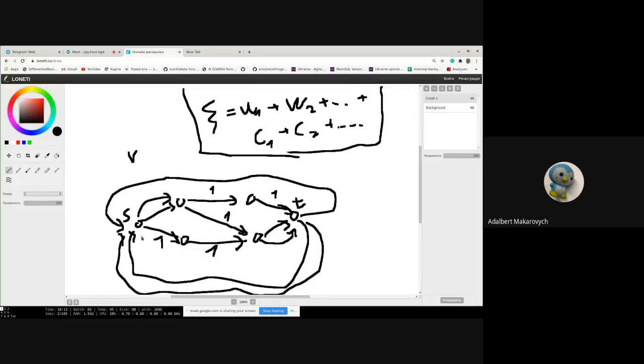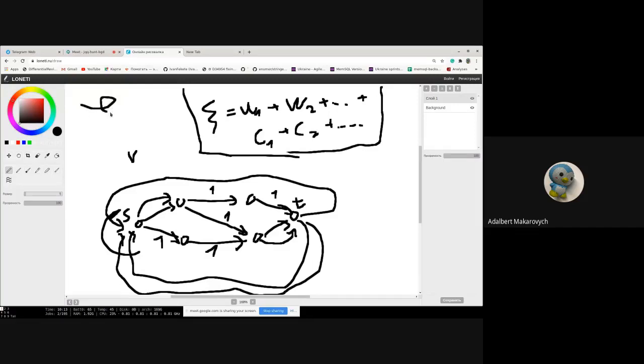In this graph, the number of edges that go into a vertex is equal to the number of edges that go out of it. So in this graph an Euler cycle exists, which can start, for example, in S, go through all edges, and then return to S. Let's now delete these 3 edges from that Euler cycle, and we will get exactly 3 not simple ways.